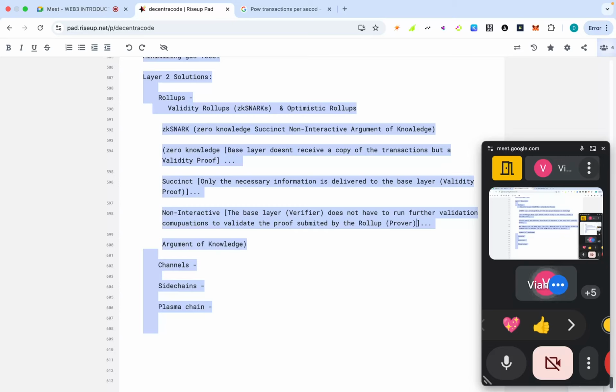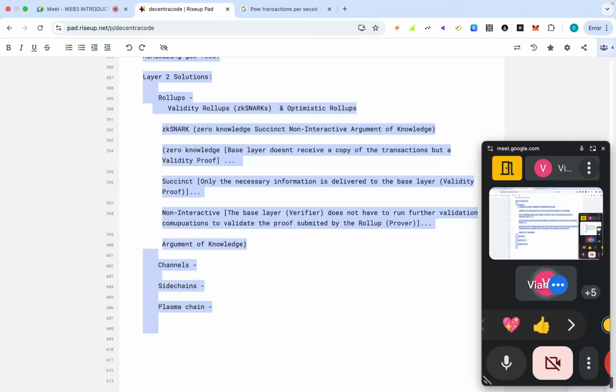Because we had transactions that were processed and the validity proof was delivered by the layer 2 to the layer 1. And then the layer 1, when it receives the validity proof, that is final. Computationally, it puts all the trust into that validity proof to be authentic. It doesn't have to run further proof computations that this validity proof is also authentic.